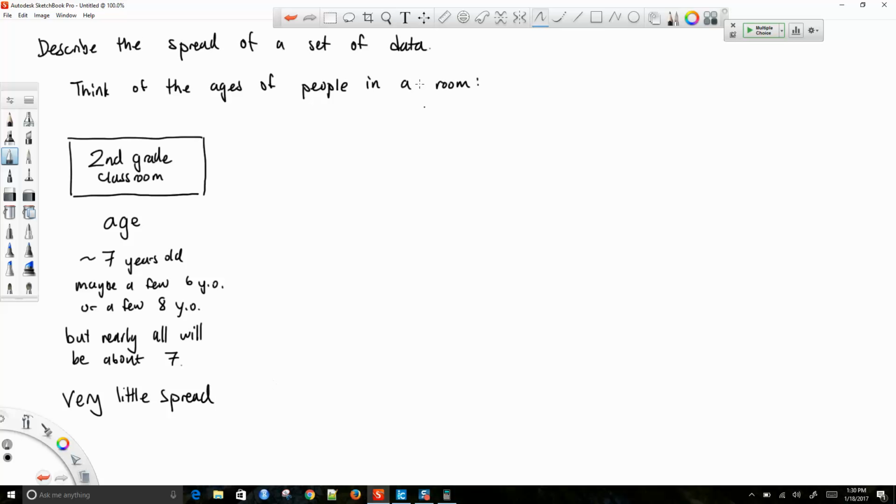Okay, what about this classroom? Not including me, but as far as the students in this classroom goes, how much spread do we have in the ages? We're going to have more spread than the second grade classroom.